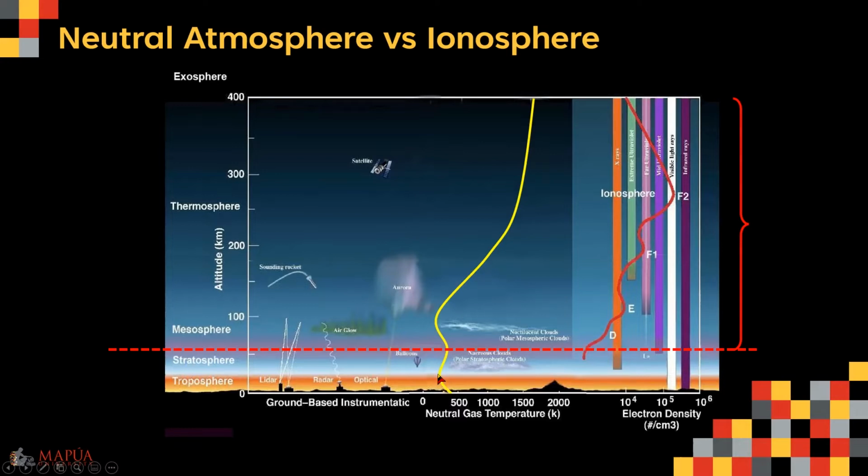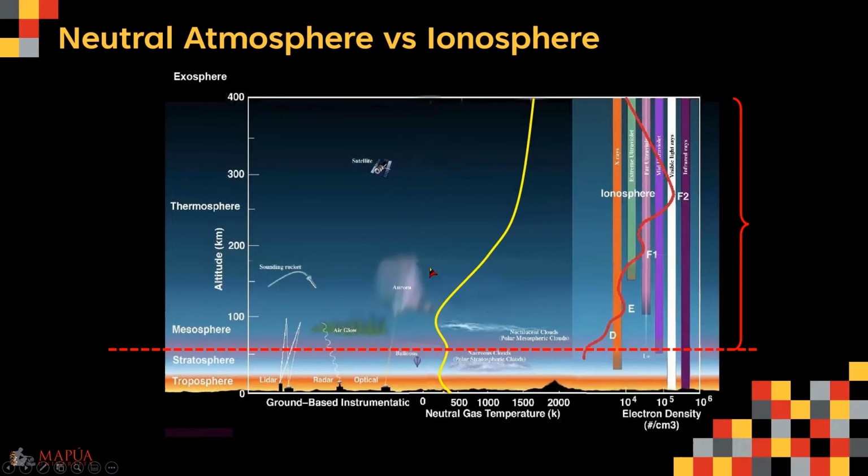The next layer is your stratosphere, characterized by an increase in temperature of neutral gas, and then another decrease: this is your mesosphere, and then you have your thermosphere. You notice here that most of the ionosphere is located within the mesosphere and thermosphere. Within this region you can see your airglow, which we're going to mention later.